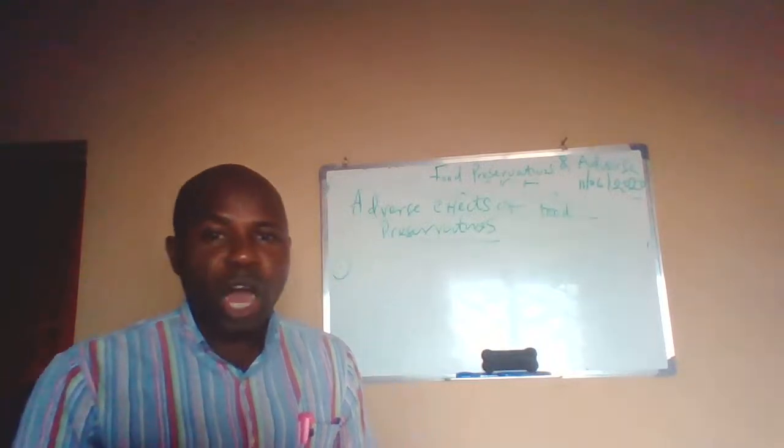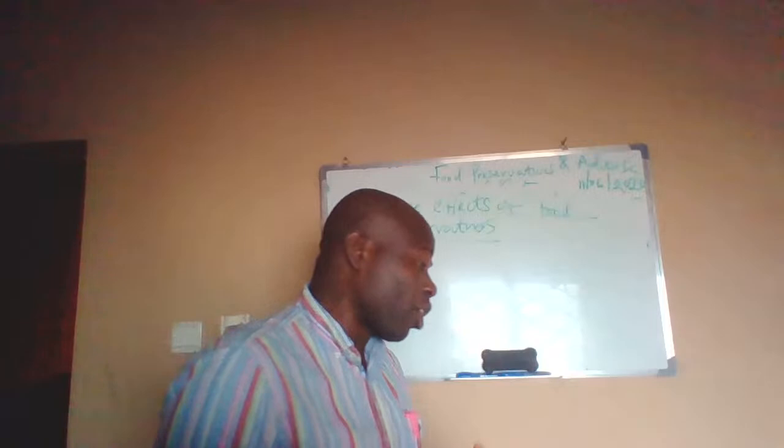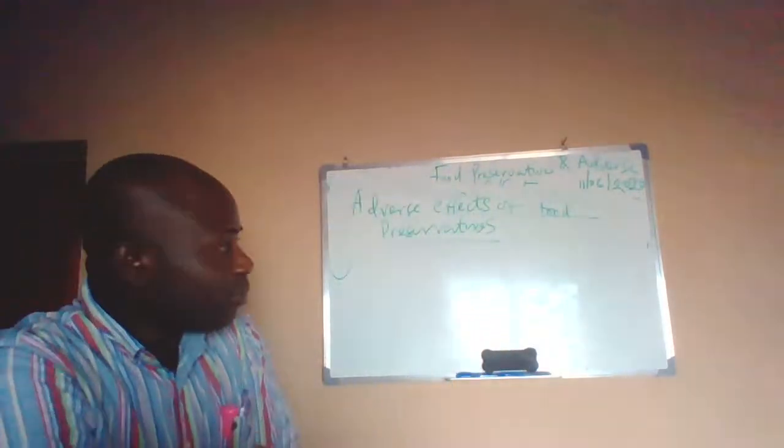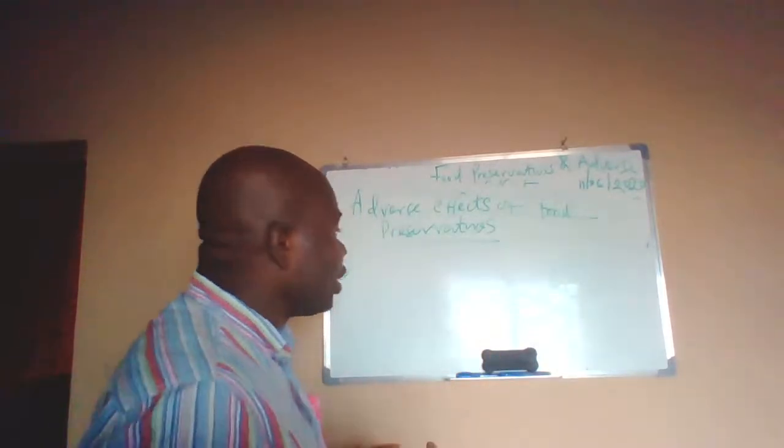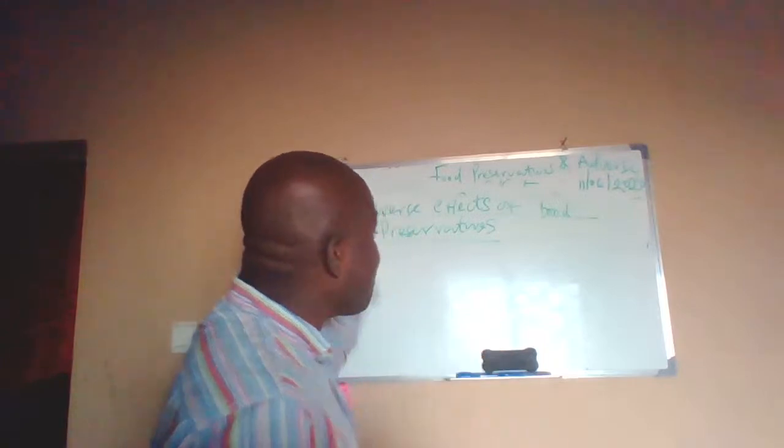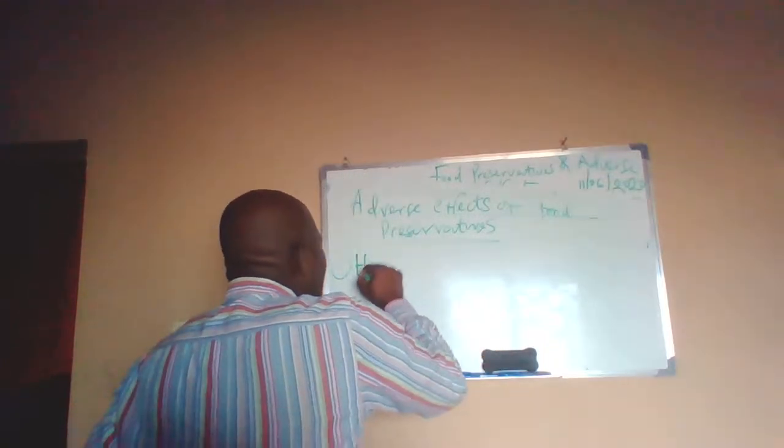So we have it in more of our drinks, margarine, fruits, and some pharmaceutical products. The major adverse effect that has been identified with high consumption of benzoic acid is, one, hypersensitivity reaction.